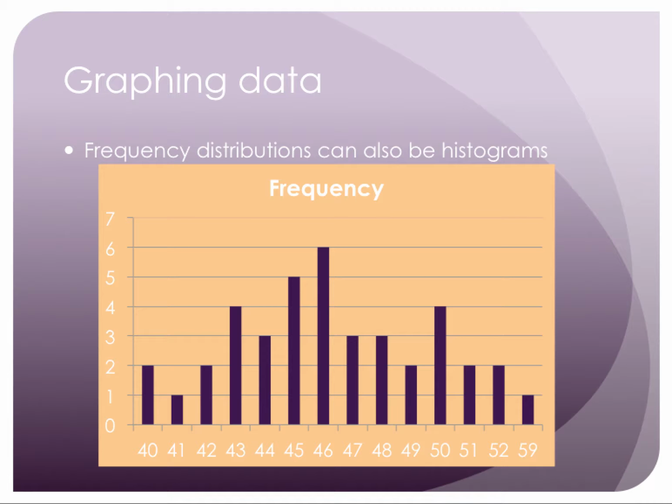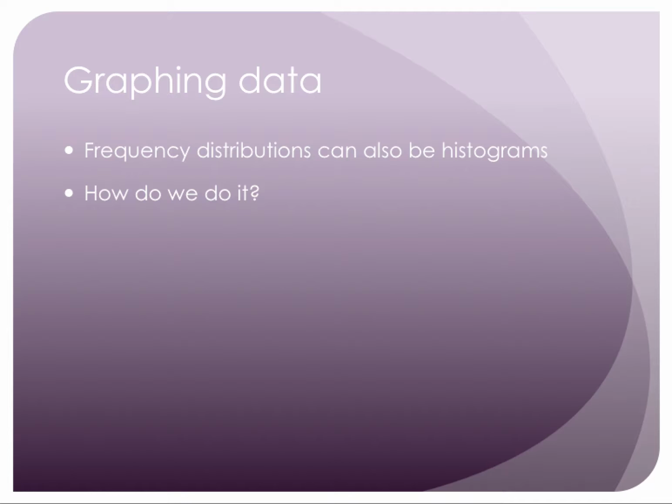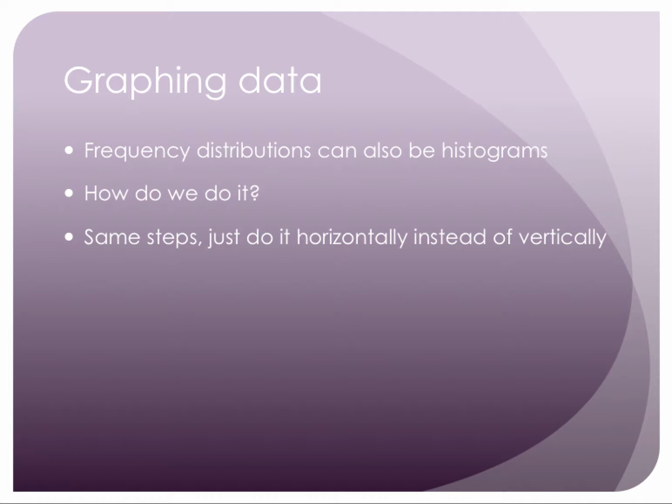You can also turn your frequency distributions from going out from the y-axis to going from the x-axis up and look like a histogram. And sometimes you might want to do it in that way. And when you are doing this, all you really do is the same steps, except just do it horizontally.